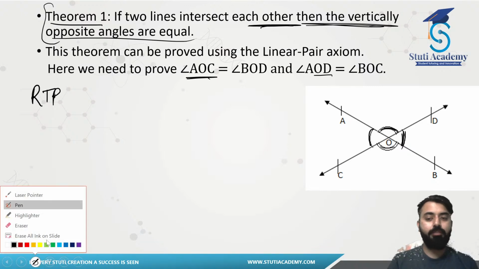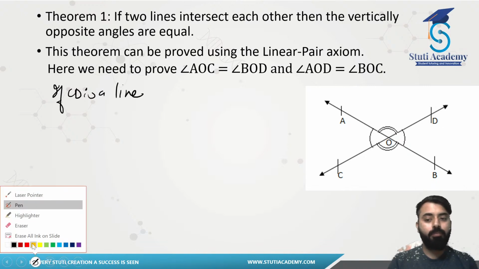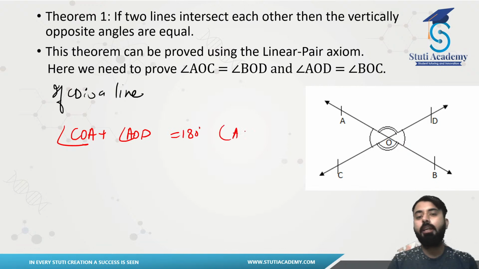So if I just consider CD as a line, I know this angle COA plus angle AOD will be 180, equation 1. Or you can say linear pair, right?